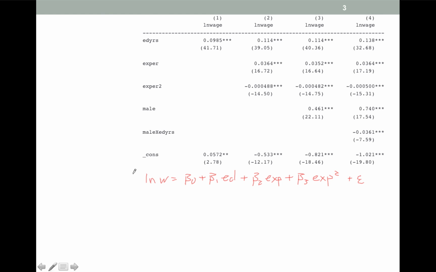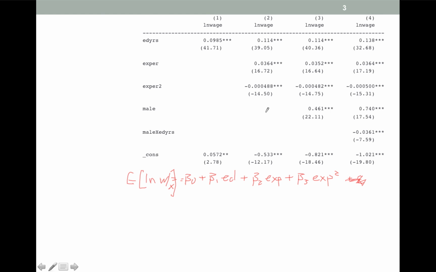We can also rewrite this as just the expected value of log wage given all of our x's, okay, is just this. Our estimate for beta 1 is 0.114. Our estimate for beta 2 is 0.0364. Our estimate for beta 3 is this, minus 0.000488.